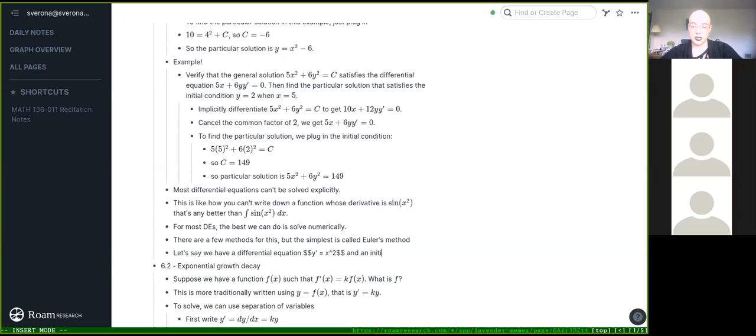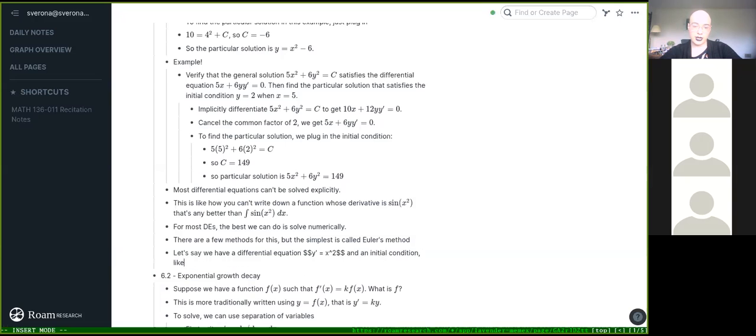And an initial condition: when x is 3, y is 9, so my numbers aren't so bad here.